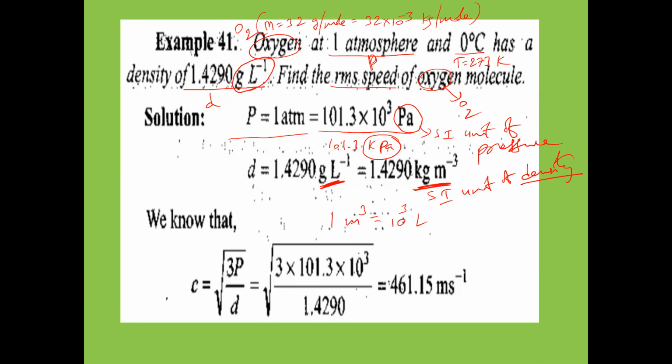Remember. Meter cube means 10 power 6 centimeter cube, that is equal to 10 power 3 liters. So 10 power 3 liters equals 1 meter cube. Then 1 liter is equal to 10 power minus 3 meter cube. We have to take it. Okay, it is the conversion factor here.